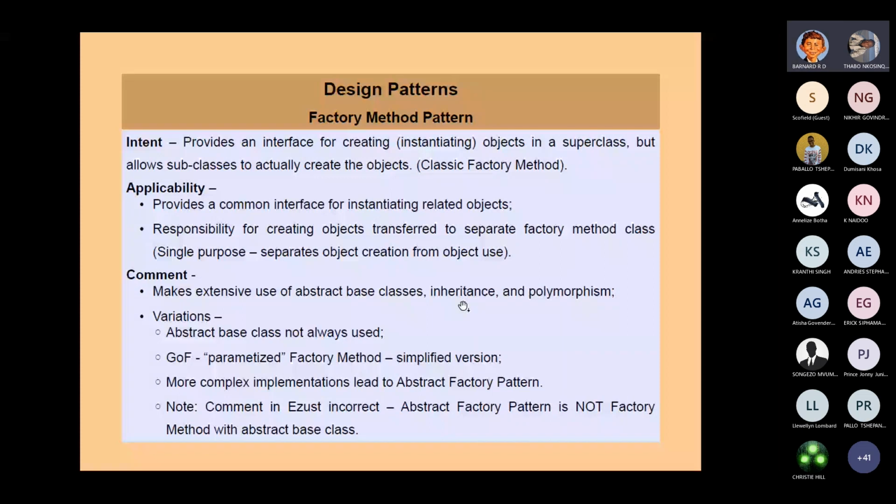Then the variations, I've already mentioned this, but let's just go through it again. The abstract base class is not always used. Then the Gang of Four, they refer to this parameterized factory method, which is a simplified version of the classic factory method. And then the more complex implementations of this factory method lead to the abstract factory pattern, which we'll look at in a bit of detail just now.